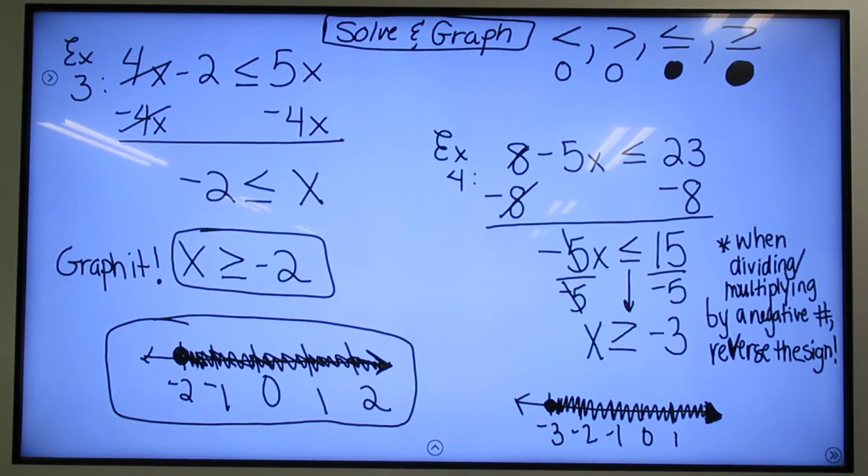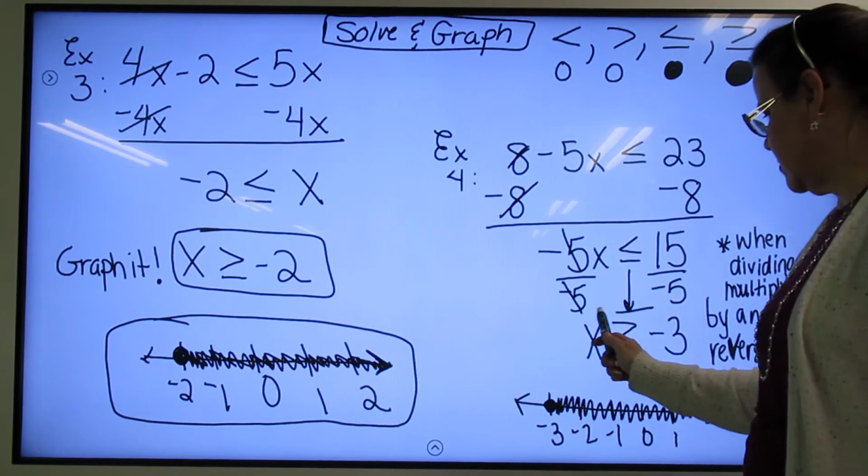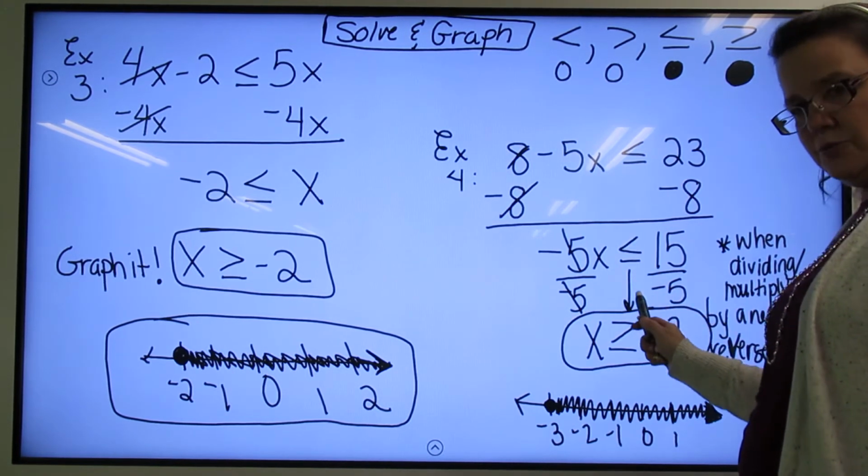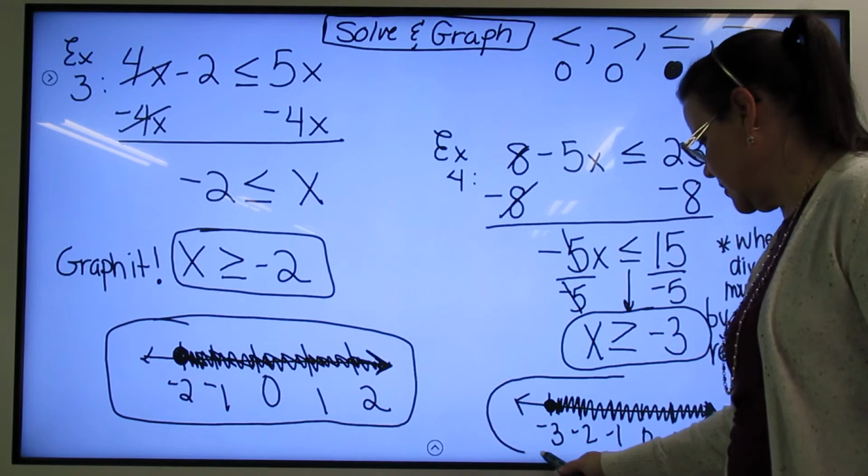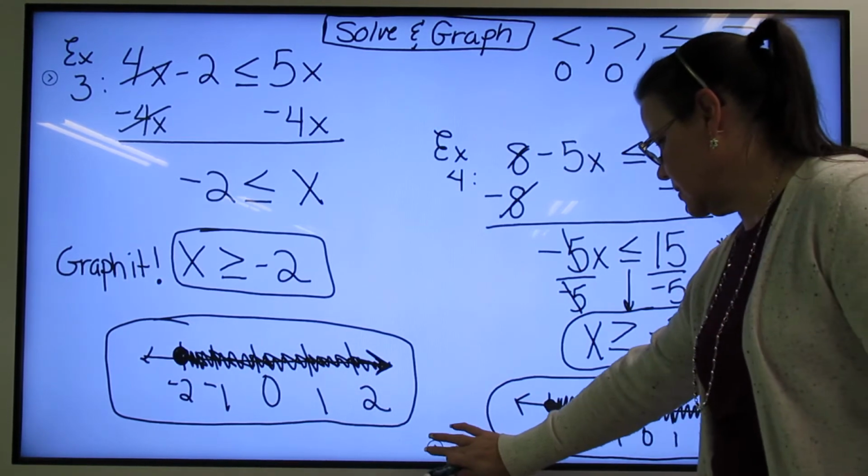And that is how you do that. All right. So this is that answer. Don't forget to reverse the sign, and this is the answer if you have to graph it.